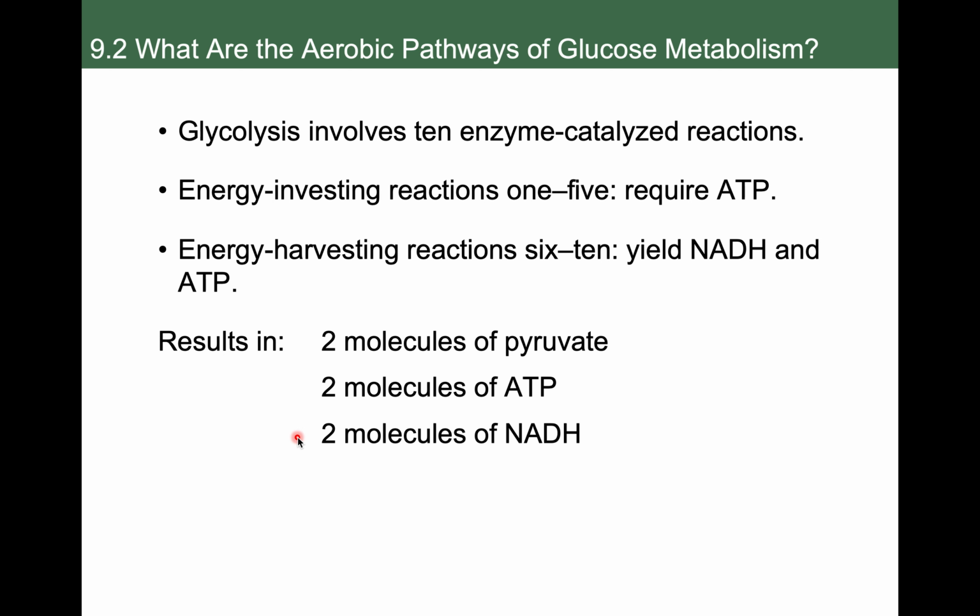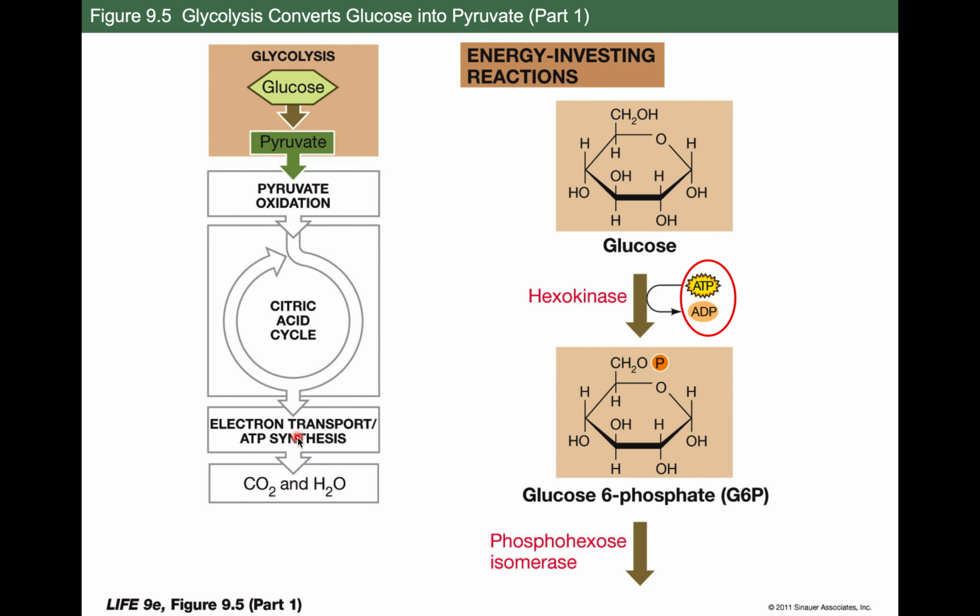For the purposes of this class, you do not have to memorize the 10 steps of glycolysis, the names of the enzymes and the intermediates. But if you are a biology or chemistry major, you will probably have to memorize this at some point in the near future. So I did want to walk you through it quickly so you at least have some feel for what glycolysis looks like in a little bit of detail.